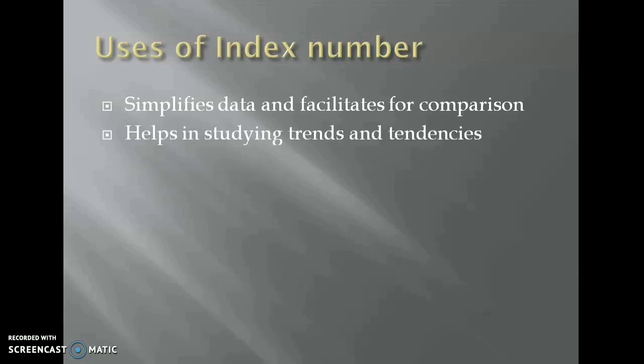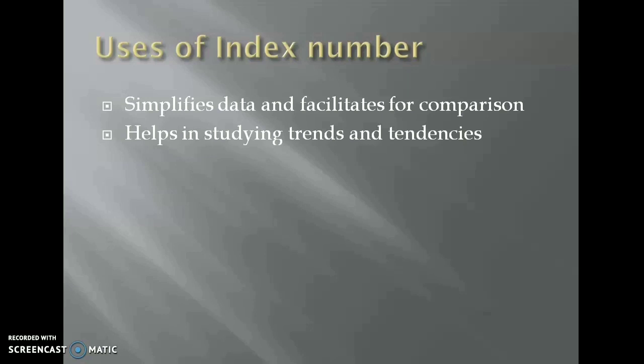The next one is, it helps in studying trends and tendencies. So what are these trends and tendencies now? Say for example, if one umbrella seller is there, he can say that for his umbrellas there is demand only during monsoon season, isn't it?